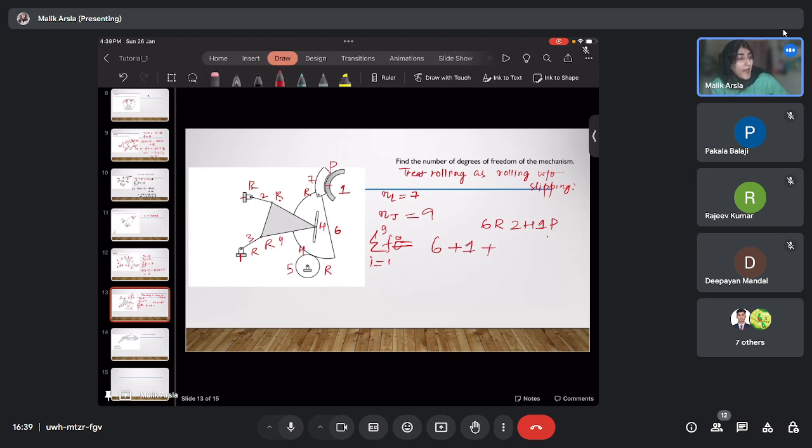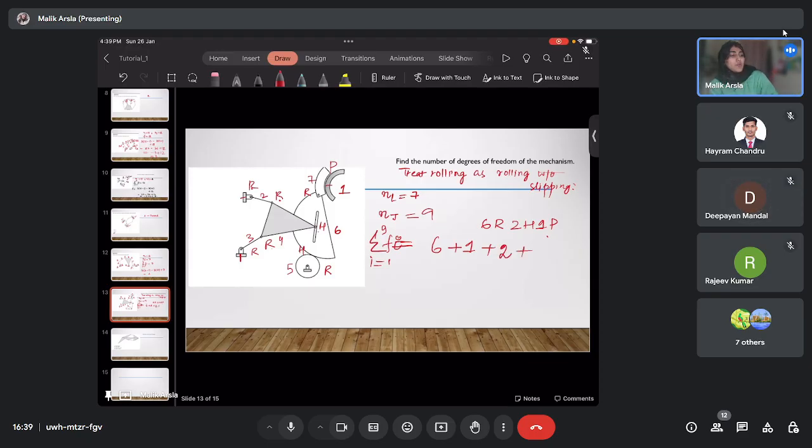But we have two higher pairs. And what is the degree of freedom of this higher pair? You have to calculate. See, this pin has 2 degrees of freedom: this disc can rotate about this pin, and this pin can slide inside the slot. So it has 2 degrees of freedom.